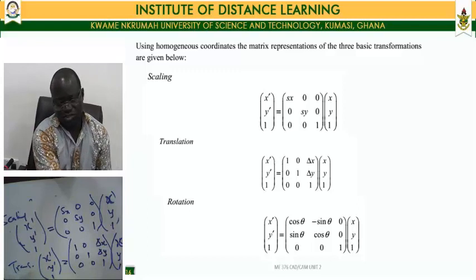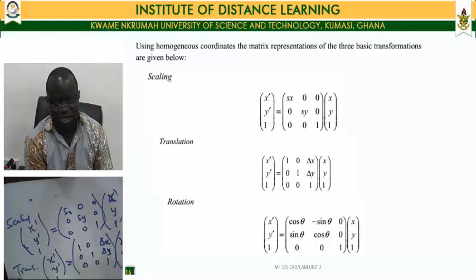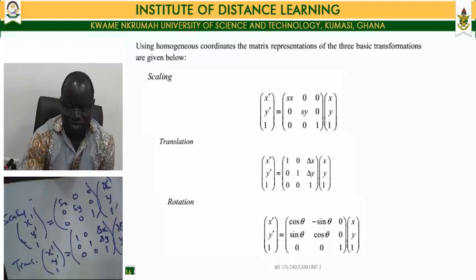Now, in your rotation, it's basically having the cos theta, sin theta, and then you have your 0, 0, 1.